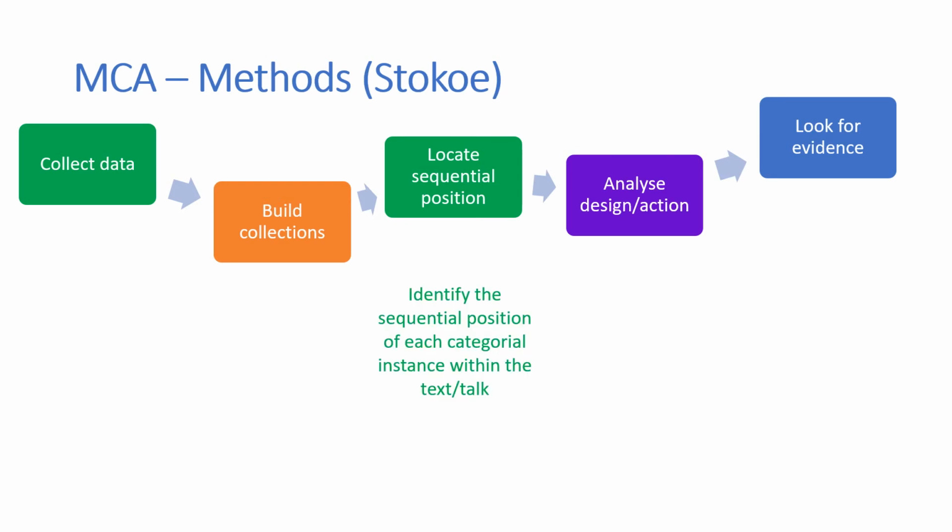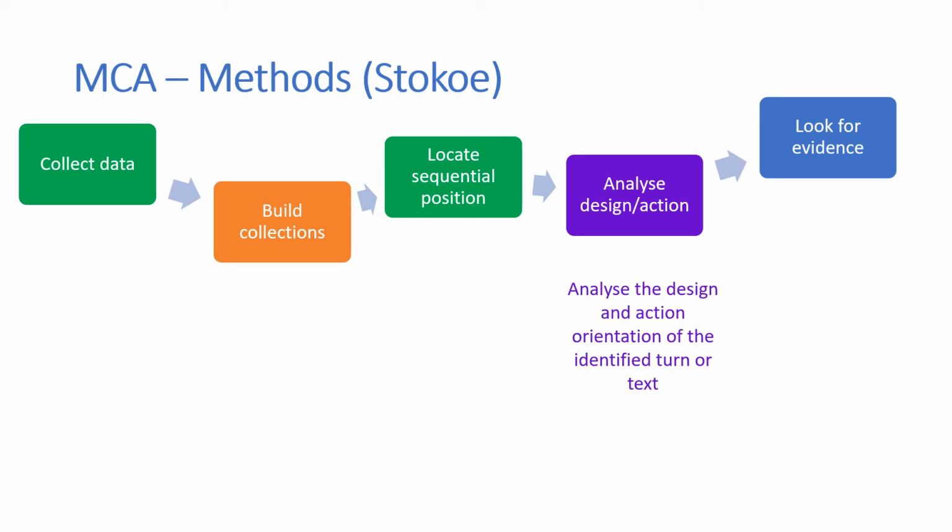The next stage is to identify the sequential position of each of these instances of these explicit category mentions. So where do they occur in the talk, in which sequence? Following that, we want to analyze the design and action orientation of the turn or piece of text.